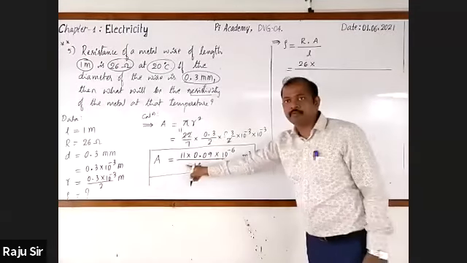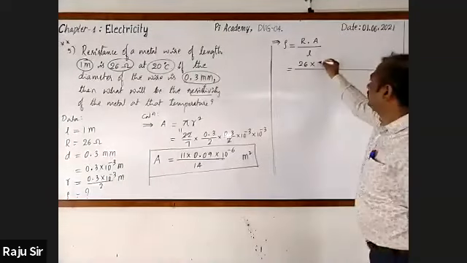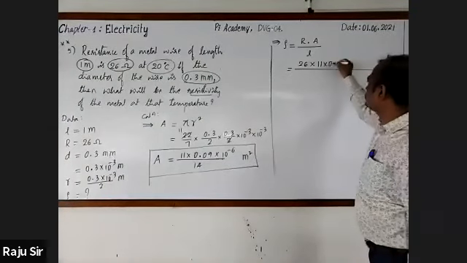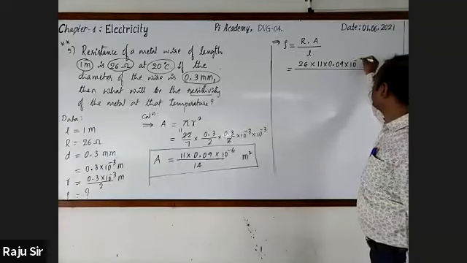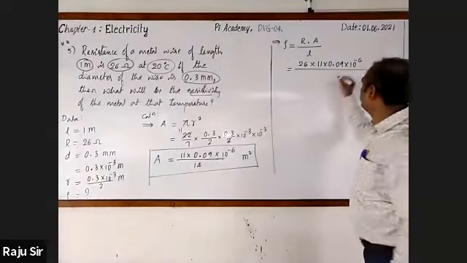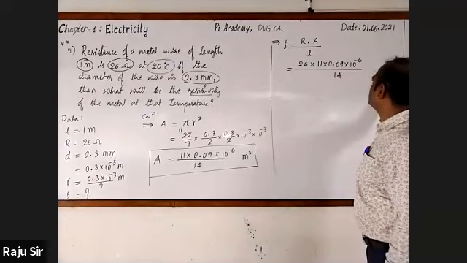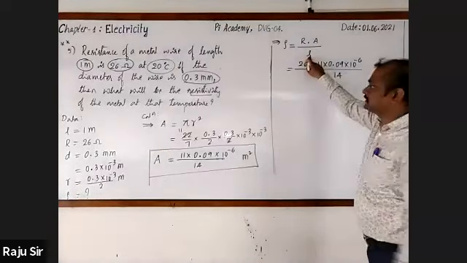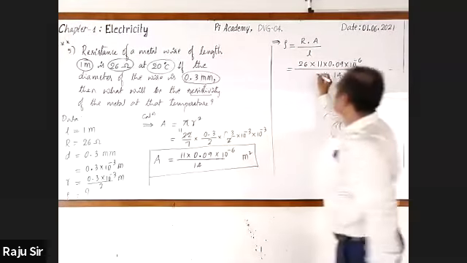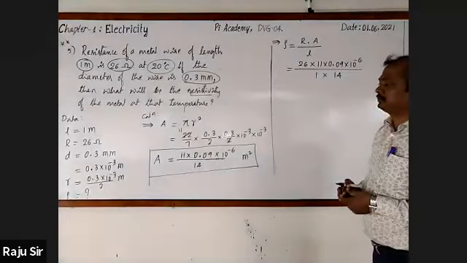Whereas area of cross section, here we have found out that, 11 into 0.09 into 10 raised to the power minus 6 divided by 14. This is area of cross section. In the denominator, length is there, where length is just 1 meter.